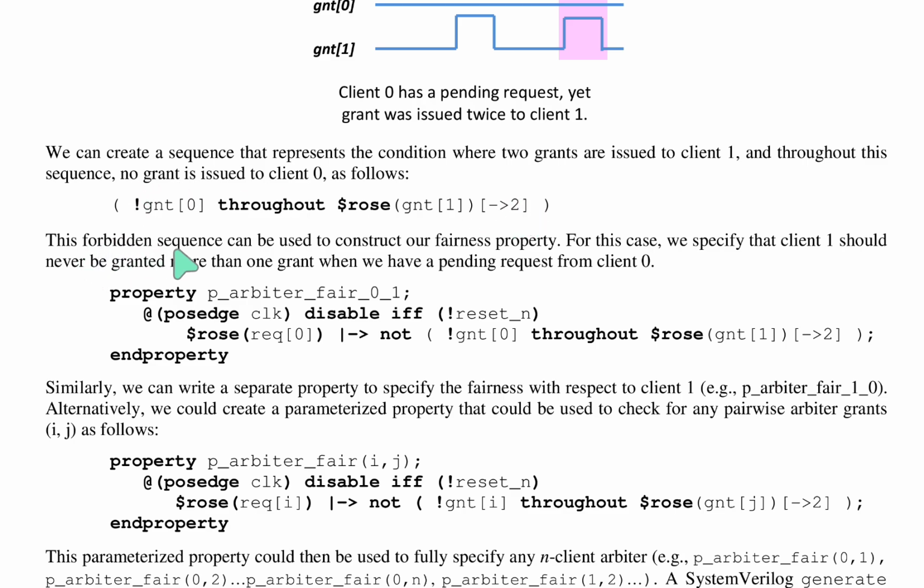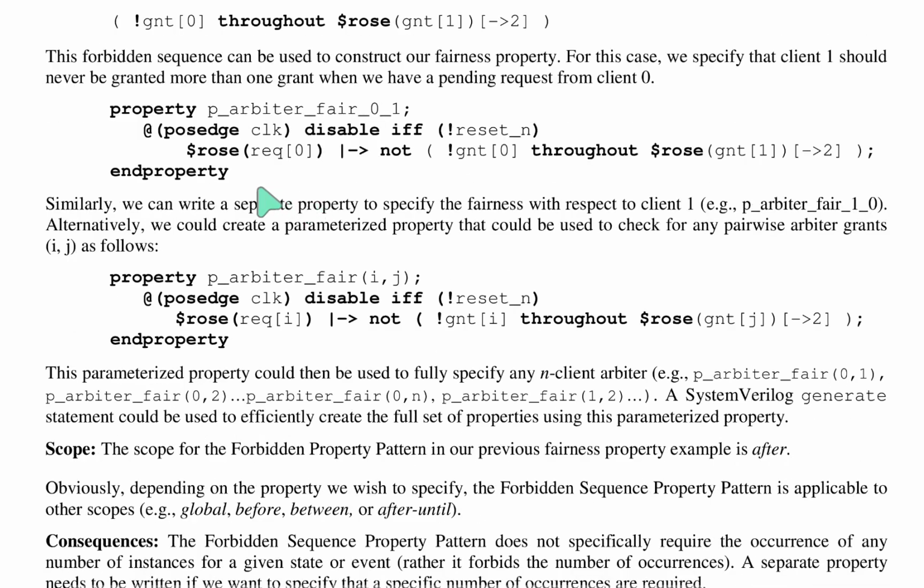The following forbidden sequence can be used to construct our fairness property. For this case, we specify that client 1 should never be granted more than 1 grant when we have a pending request from client 0. Similarly, we can write a separate property to specify fairness with respect to client 1.